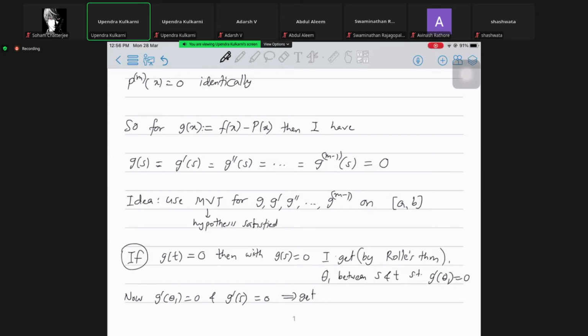So now I can apply Rolle's theorem to the function g prime on the interval from s to theta 1, or the other way around, depending on which one is smaller. And what do I get? There exists a theta 2 between theta 1 and s such that g double prime of theta 2 is equal to 0. And now it's a chain reaction.